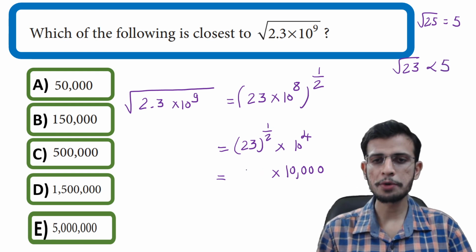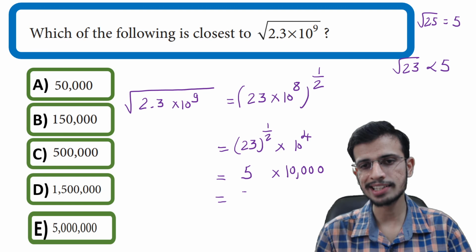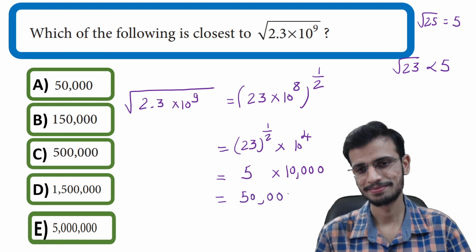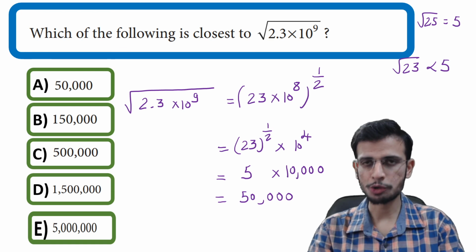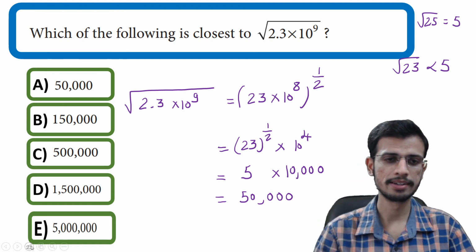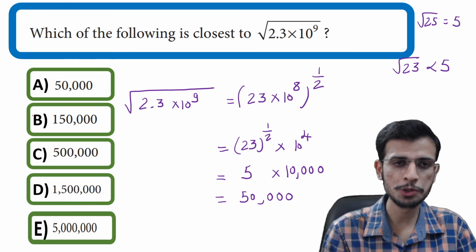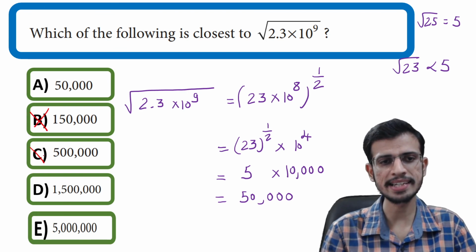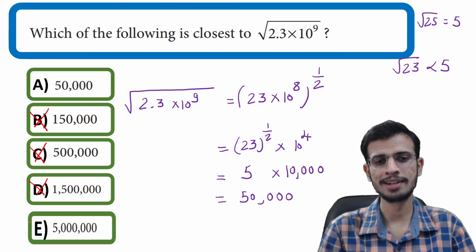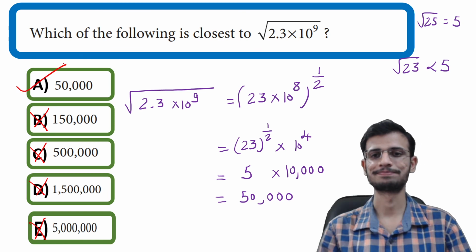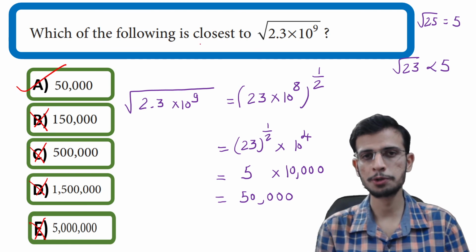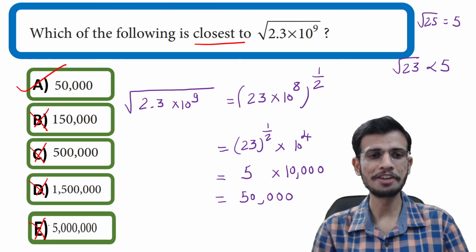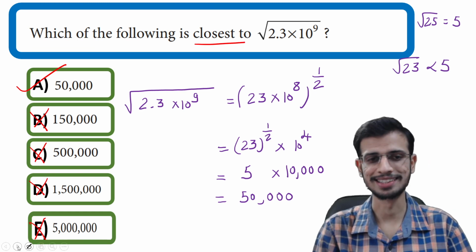So if you put 5, we get the answer 50,000. The actual answer will be less than 50,000, but we have to just choose the closest answer. So options B, C, D can't be your answer. We'll choose option A, getting a value somewhat lesser than 50,000. So option A will be the correct answer for this question.